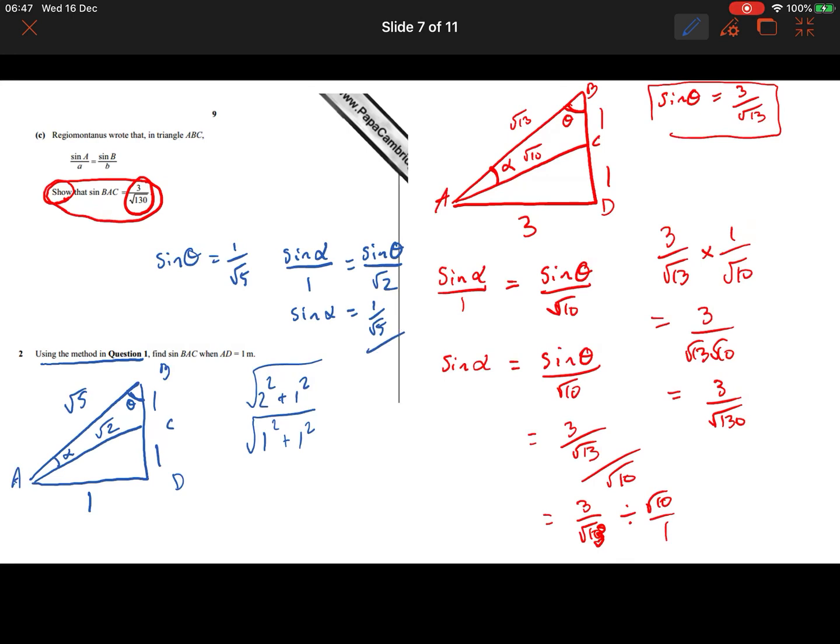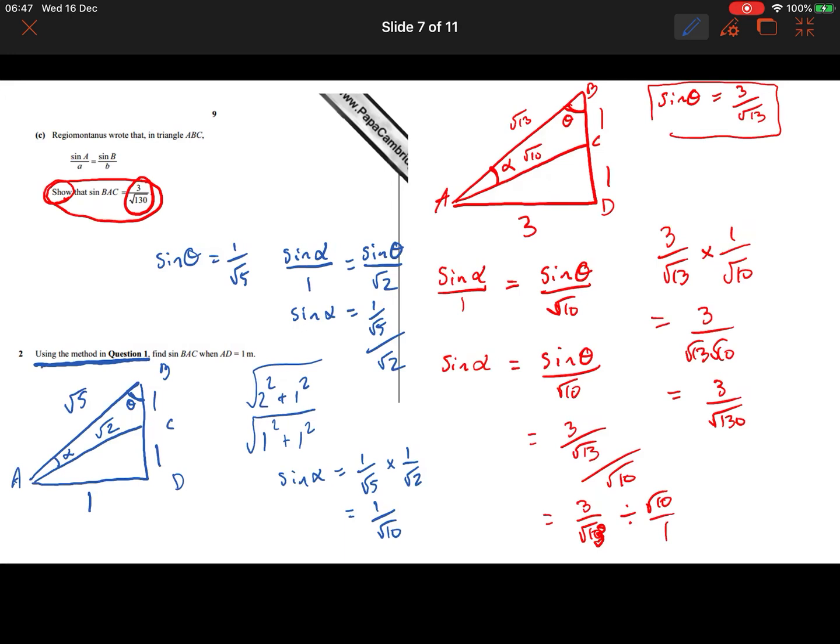Sine alpha equals sine theta, which is 1 over root 5, divided by root 2. So sine of alpha equals 1 over root 5 times 1 over root 2 equals 1 over root 10.